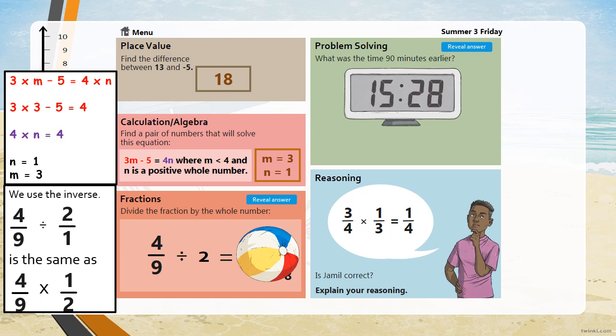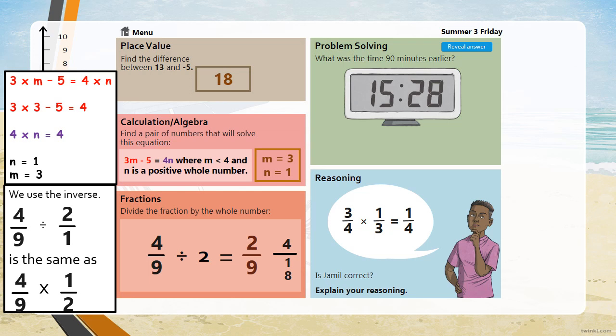Now we've got 4/9 times 1/2, and that is easy peasy. We just do 4 times 1 and 9 times 2, and we get 4/18. Then we can simplify that to 2/9. So 4/18 can be simplified to 2/9 because the highest common factor that they both have is 2. So 4 divided by 2 is 2, and 18 divided by 2 is 9.